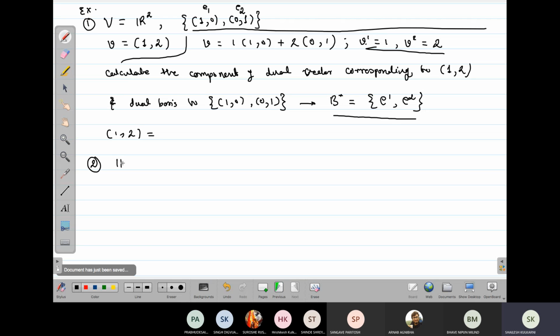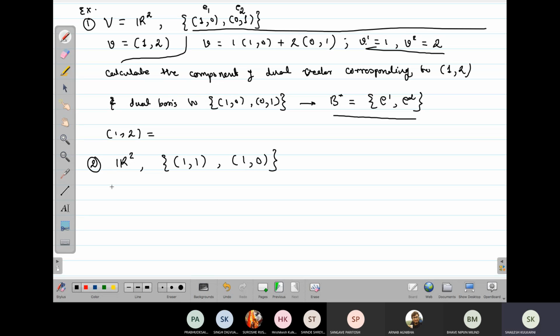This is exercise 1. Now exercise 2: consider the same R2 and choose the basis (1,1) and (1,0). Certainly this basis is not orthonormal with respect to your usual inner product for R2.